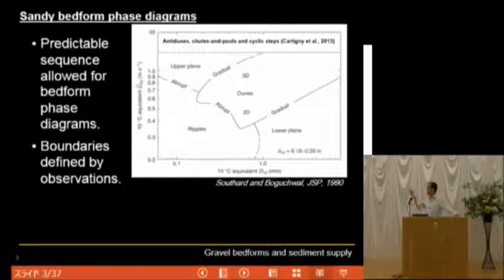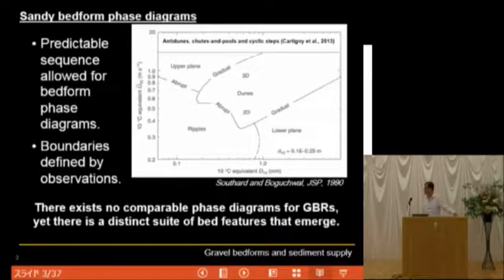The boundaries between the types of bed forms that emerge are defined by observations. There's some use in these kinds of diagrams. One of the uses is that they act as a really nice organizing principle for things that we understand about bed forms. And if we understand some of the transitions that happen in there, it allows us to study some of the dynamics.